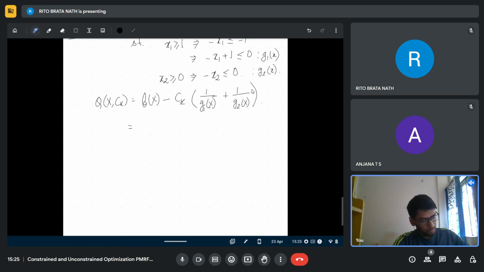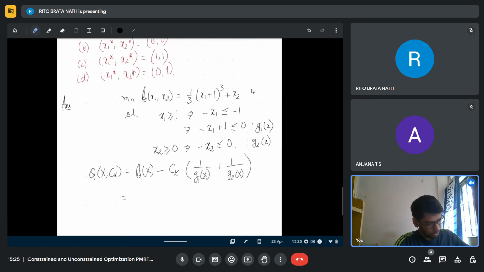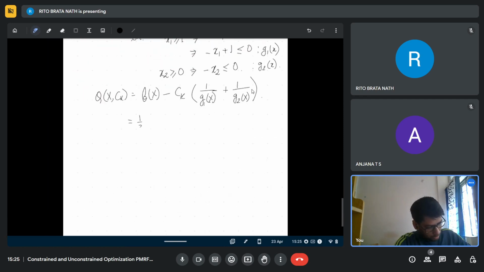Okay, so this one is 1/3 (x1 plus 1) whole cube plus x2. This is minus ck times 1 by (1 minus x1) plus 1 by minus of x2.